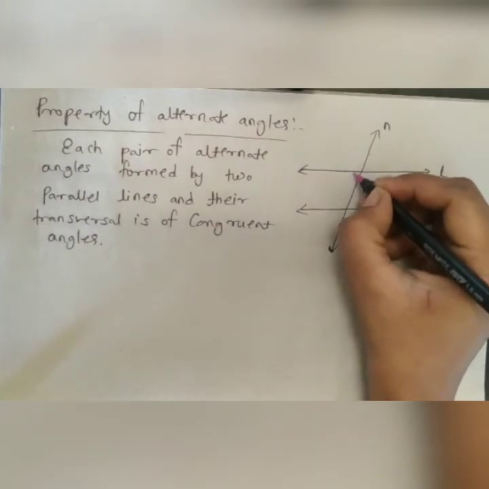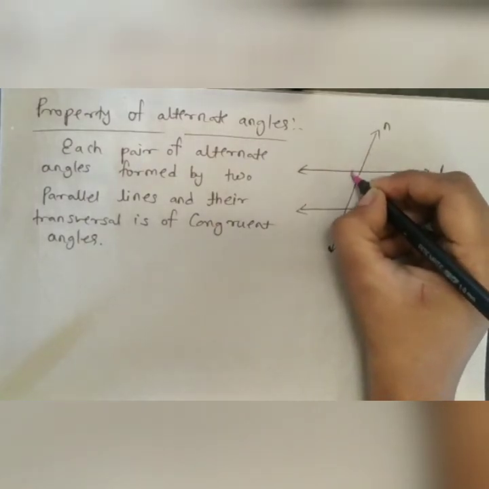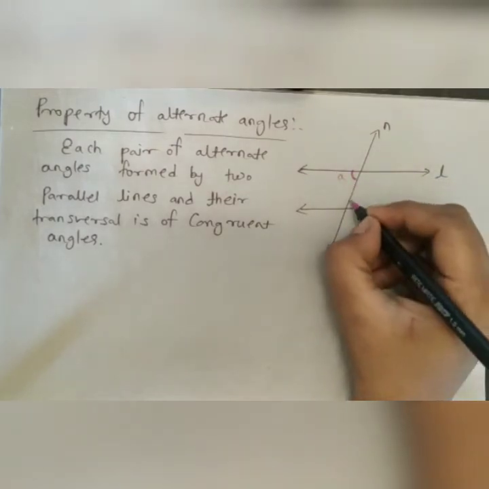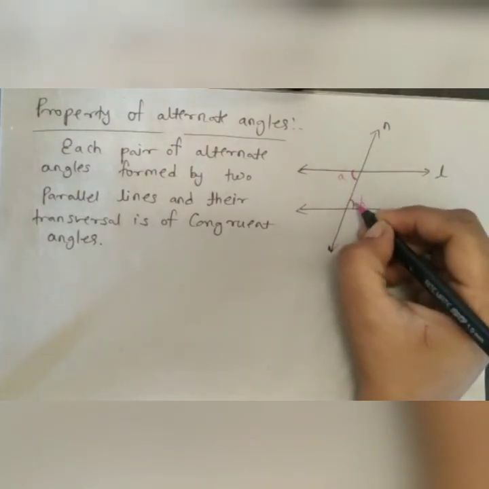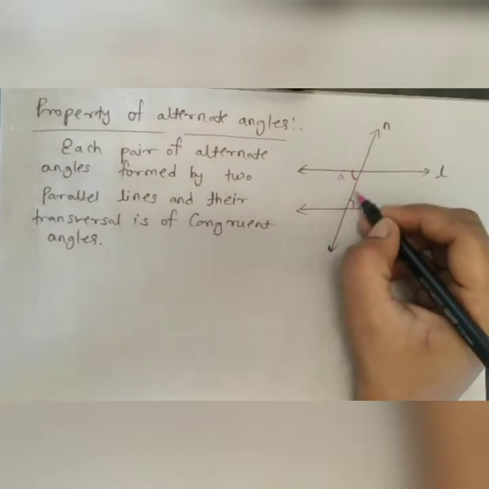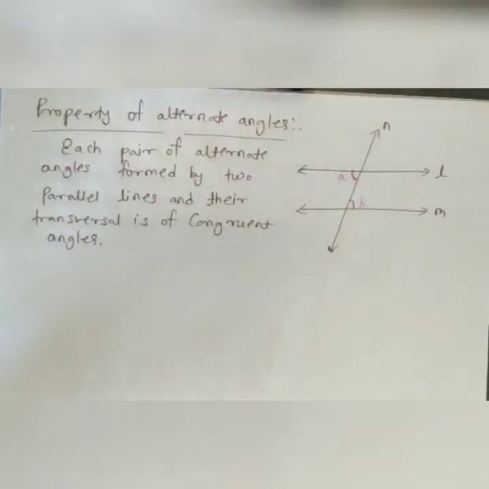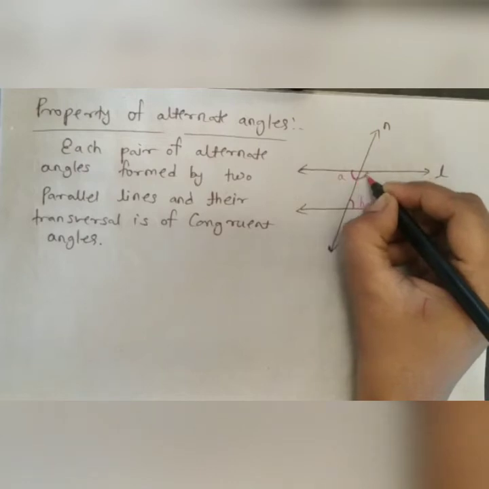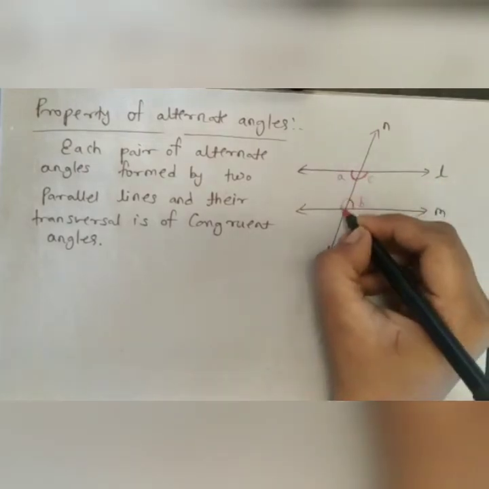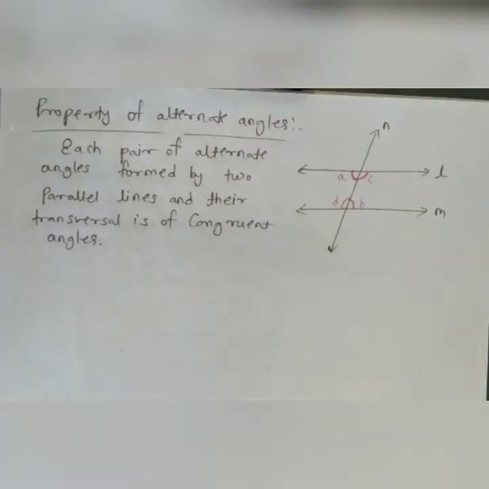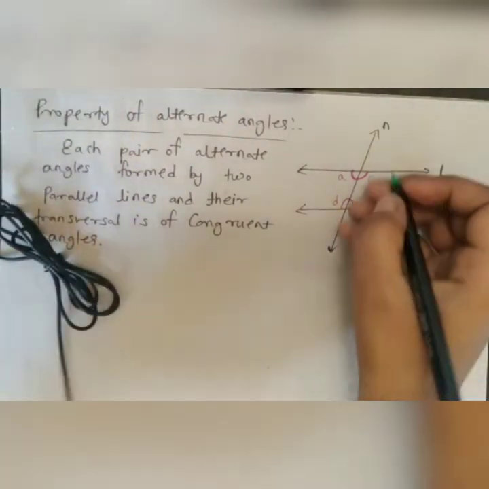Suppose this is A and this is B. A and B are a pair of interior alternate angles. And the second, here angle C and angle D, are a pair of interior alternate angles.